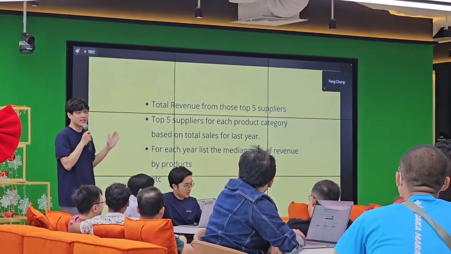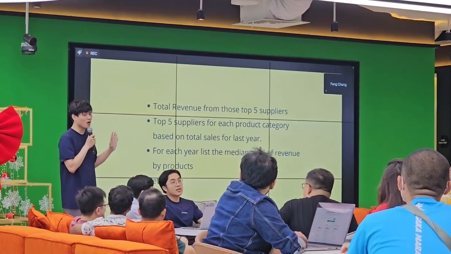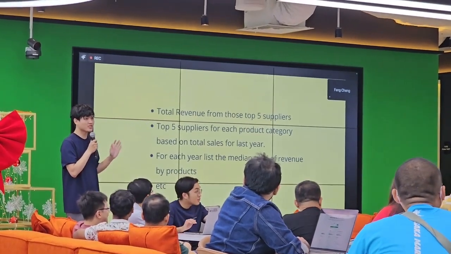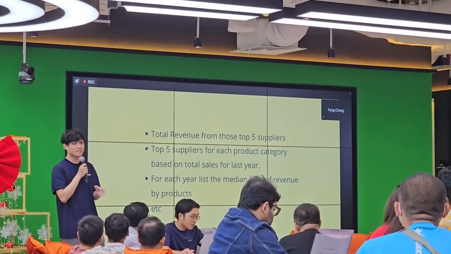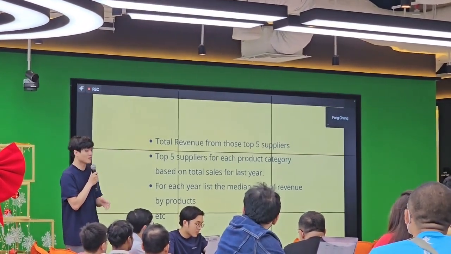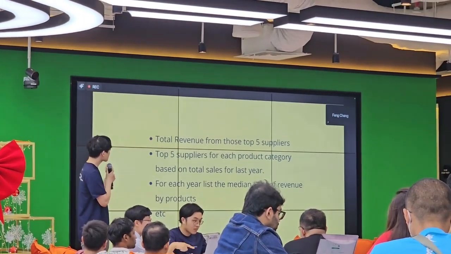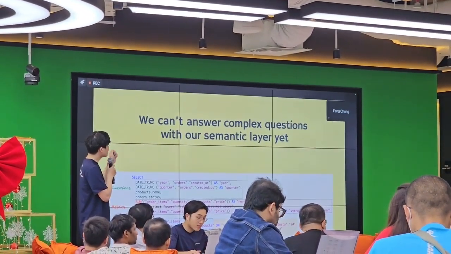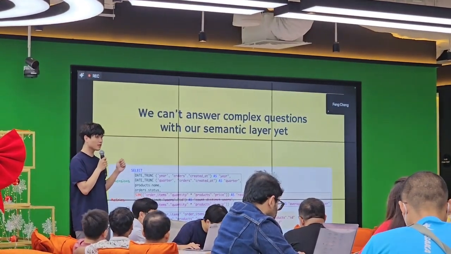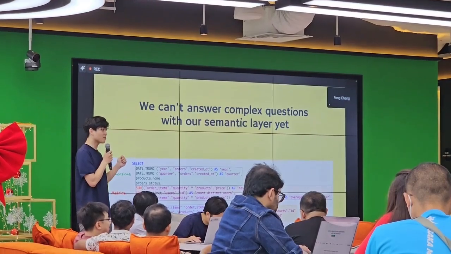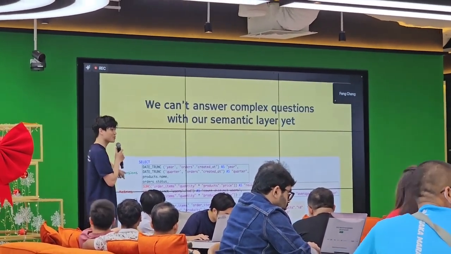So just by the length alone, you can see that these types of questions are more complex than the kind of questions that we had before, where we have a simple metric and we slice it by some other dimension. Here we have multiple layers of the query. Okay, can we answer those complex questions with the simplistic semantic layer like before? Can we answer those questions with this query?